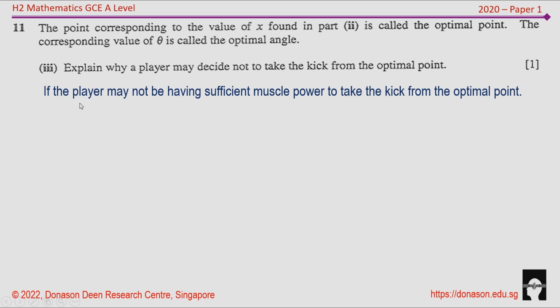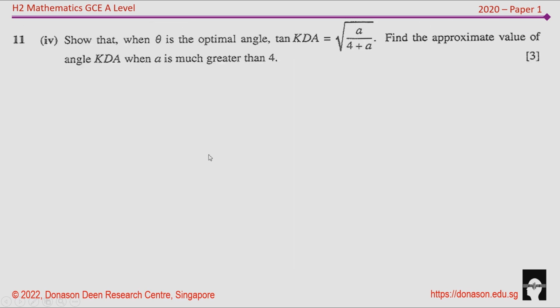The player may not have sufficient muscle power to take the kick from the optimal point. Even though that is the best point, the player may not have enough muscle power to take the best kick from there, and that is one of the reasons why the player may decide not to take the kick from the optimal point.